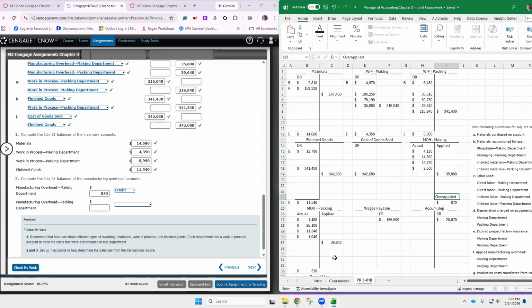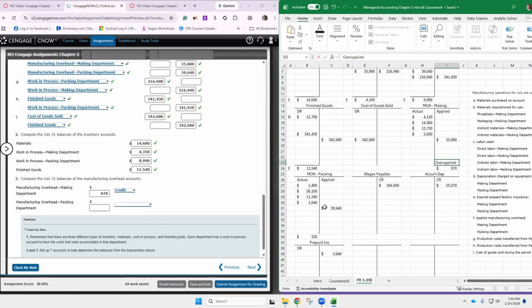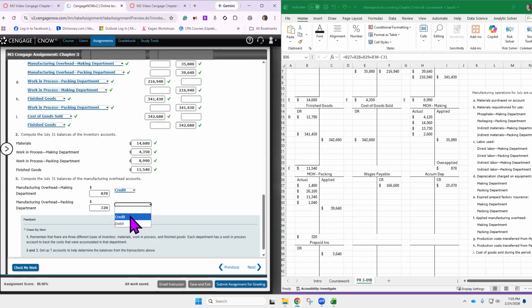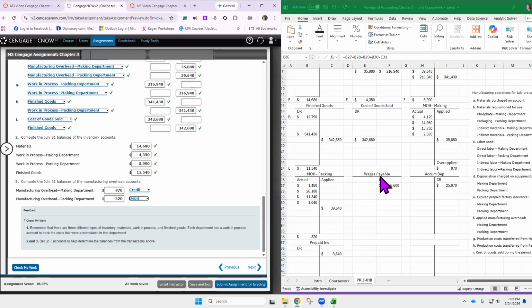Okay. Now we're going to the other manufacturing overhead. If you add up this side and subtract this side, you get a debit balance. Okay, so a debit balance means something different. So if this credit balance means over applied, then this debit balance means under applied.